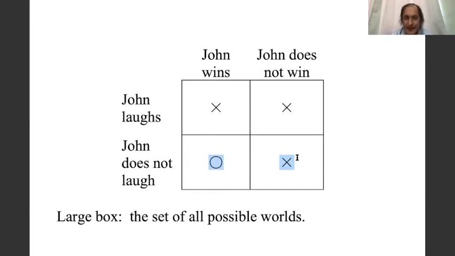Okay? And the circle and the X are meant to indicate which worlds are worlds in which all of the rules, all of the requirements are followed. Here, they're all followed. Those are worlds where John wins and John does not laugh. It's required that John wins. It's required that John does not laugh, and those requirements are met.